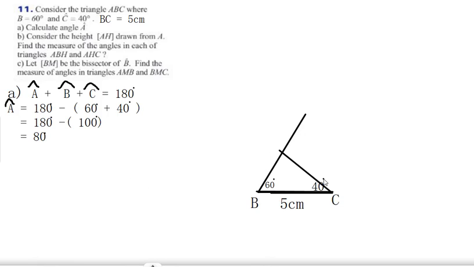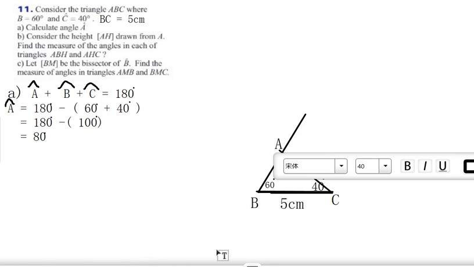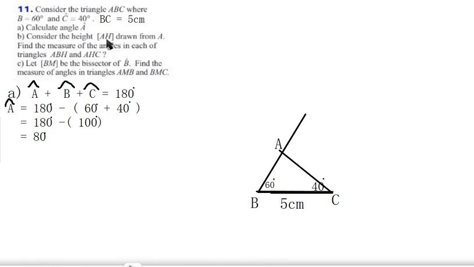Now, the second question. Construct the height AH. Don't forget, we have to name here the vertex, which is A. Now, construct the height AH drawn from A. When I told you I want to draw the height relative to the opposite side, it must be perpendicular to BC.